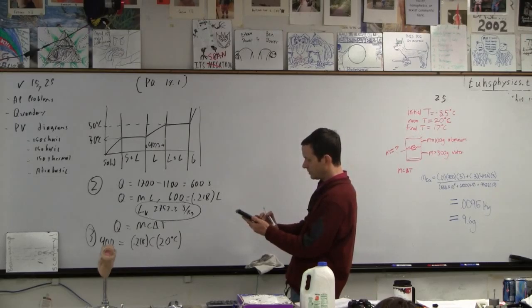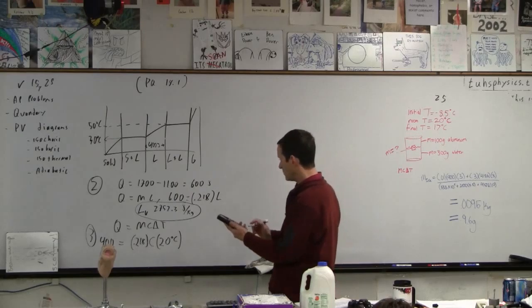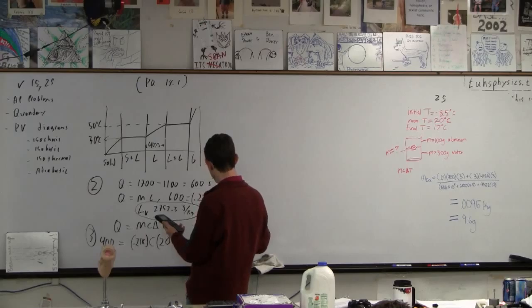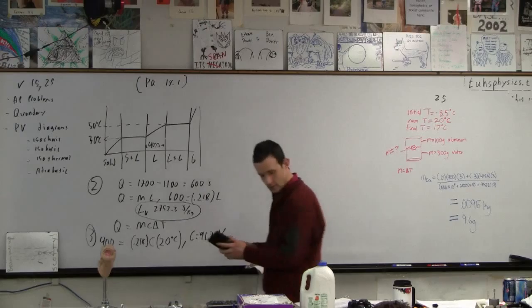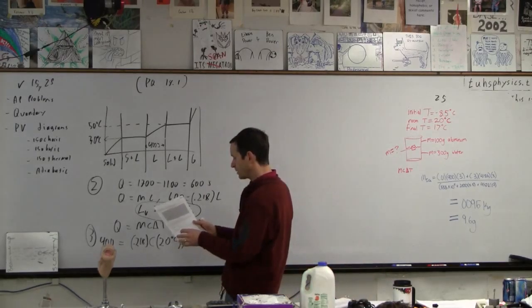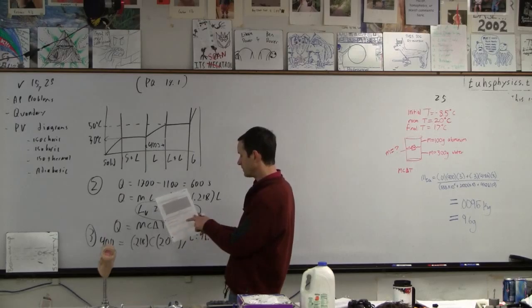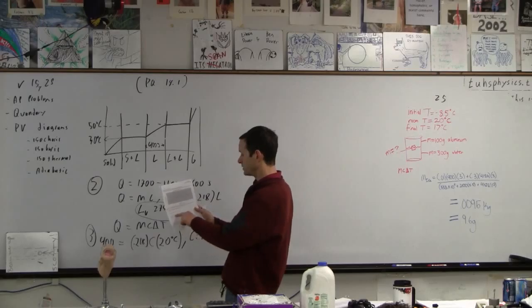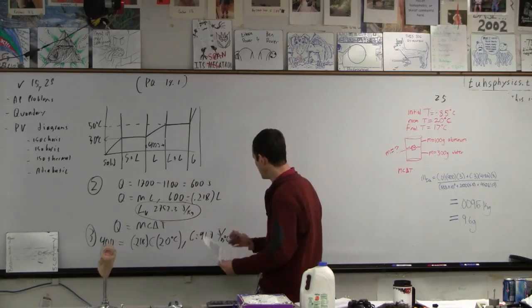That's 91.7. So c is 91.7 joules per kilogram degrees Celsius. Now, if you can't remember what the units are for this, notice in problem 4 I give you the units for the constants there, so you can just cheat and look at that.